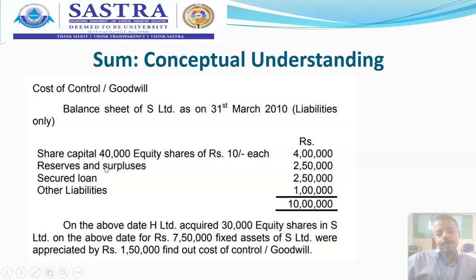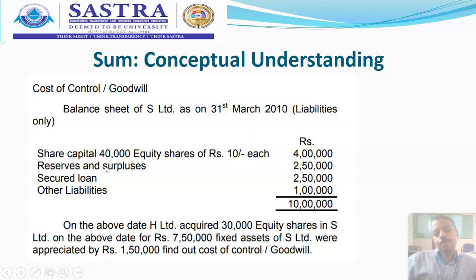What portion have we acquired? We have acquired 3/4 of the equity shares held by the subsidiary company. They have 40,000 equity shares, but here we acquired 30,000. That means 3/4. We need to take a note, this is most important.